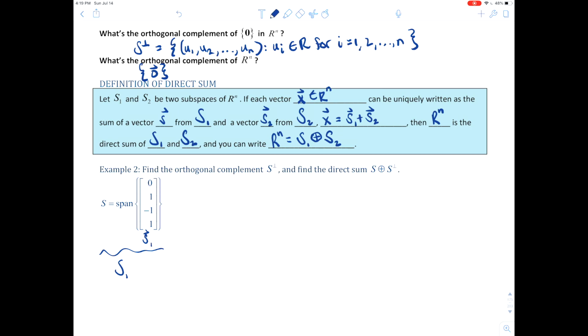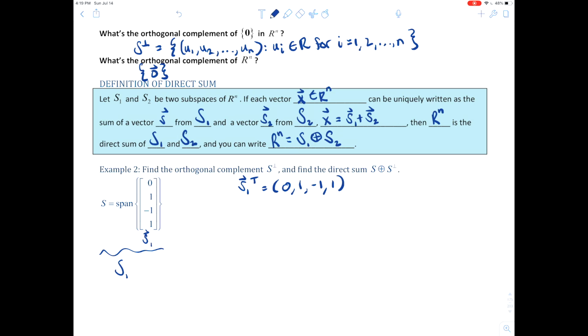So for the moment, let's consider the transpose. S1 transpose would just be 0, 1, negative 1, 1 as a row vector. And we want to figure out, okay, well, what would yield the 0 vector when I multiply this vector to it?